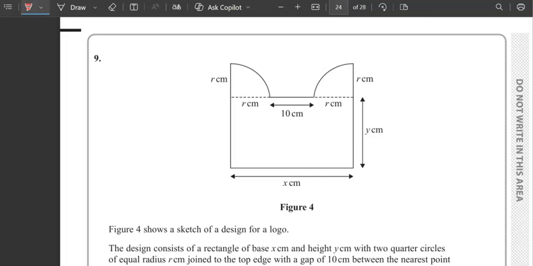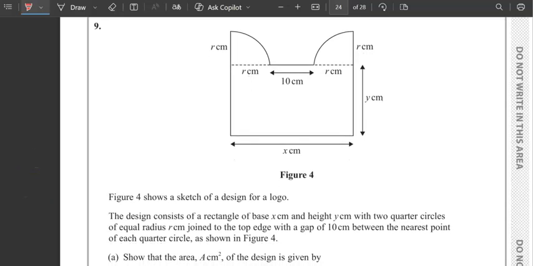And question number 9, here we have a figure, says that figure 4 shows a sketch of a design for a logo. The design consists of a rectangle of base x centimeters and height y centimeters with 2 quarter circles of equal radius.